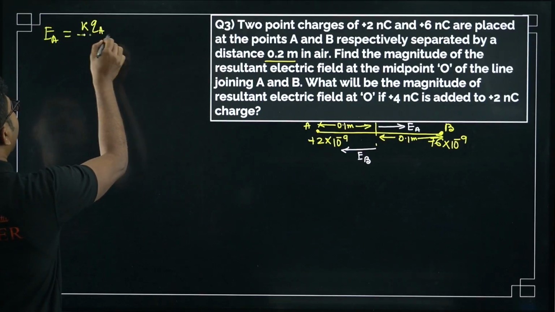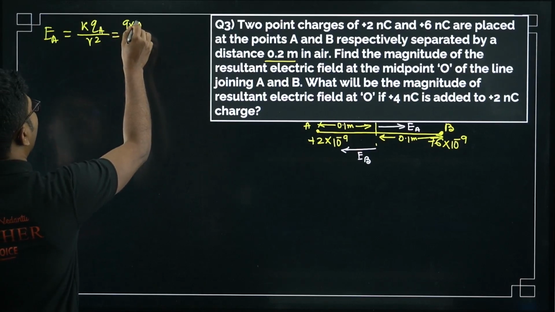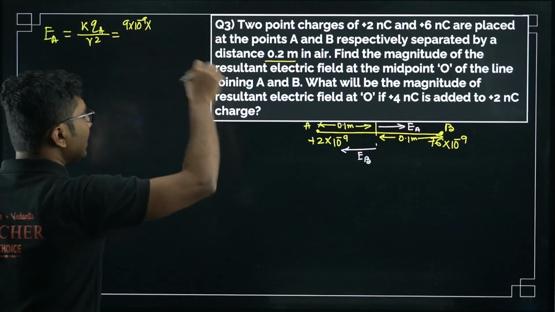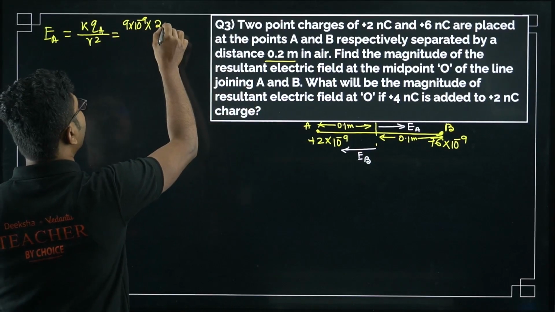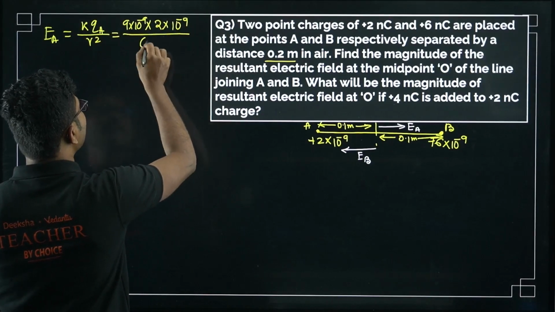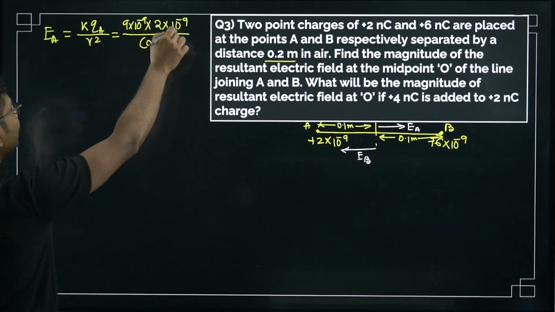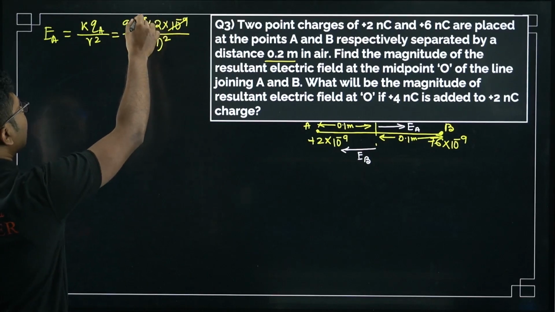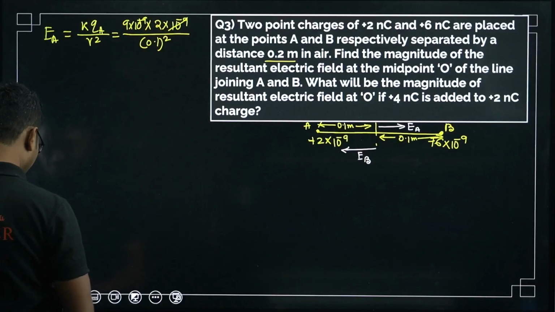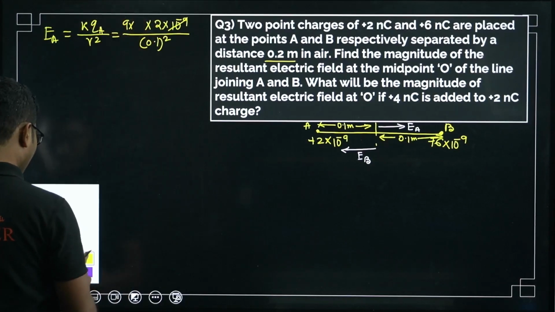K QA by R square. What is K? 9 into 10 to the power of -9. What is QA? QA is 2 into 10 to the power of -9, and what is R? R is 0.1 whole square. Okay, so what is the value here? 10 to the power of -9, 10 to the power of... so I made a mistake here. K will be 9 into 10 to the power of 9, right?